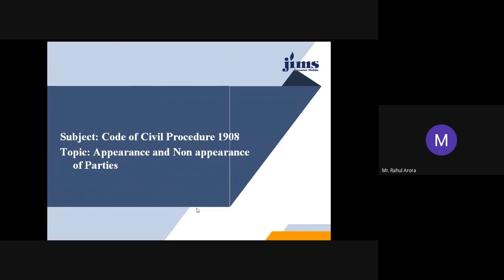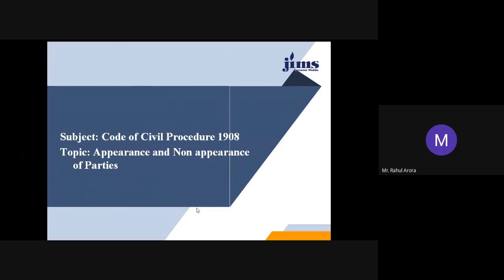Some of the steps involved in instituting the suit are: number one, there must be a cause of action, and that cause of action must be averred in the plaint. And once the plaint has been drafted, the same needs to be presented to a court of law.